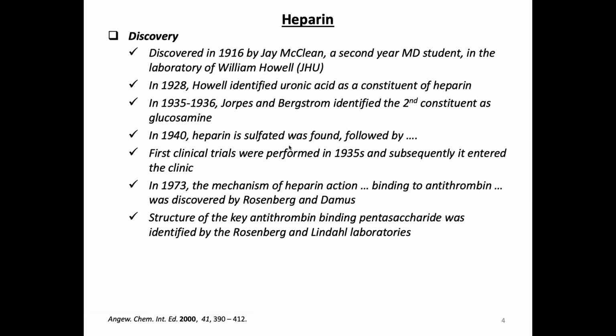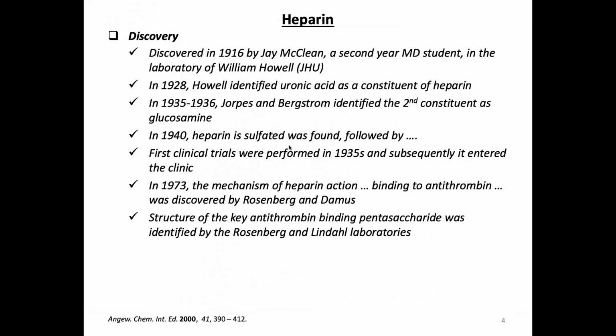Well, even at that time, it wasn't really known what the structure of heparin was. And close to 8 years passed before one component of heparin was identified as a constituent, and that was uronic acid. So 8 years to simply say uronic acid is one of the constituents of heparin.